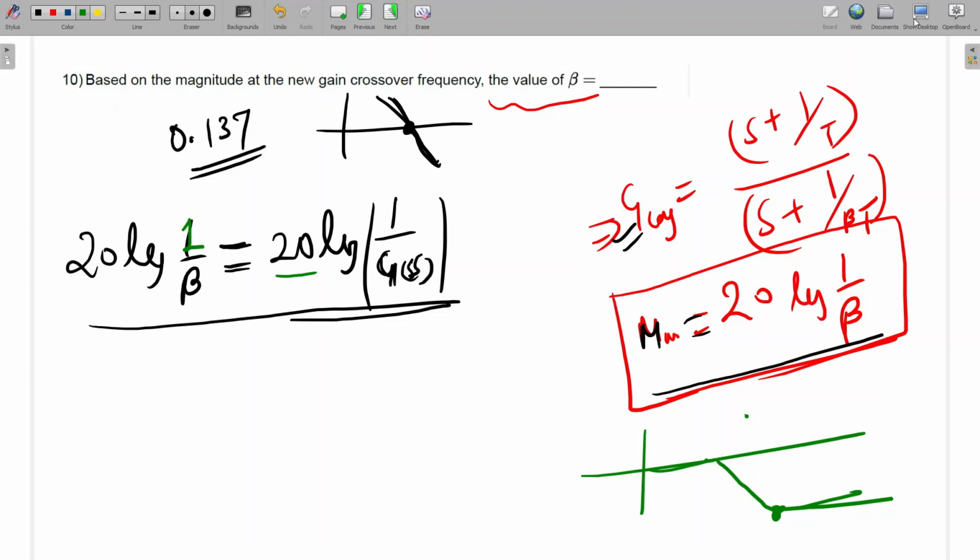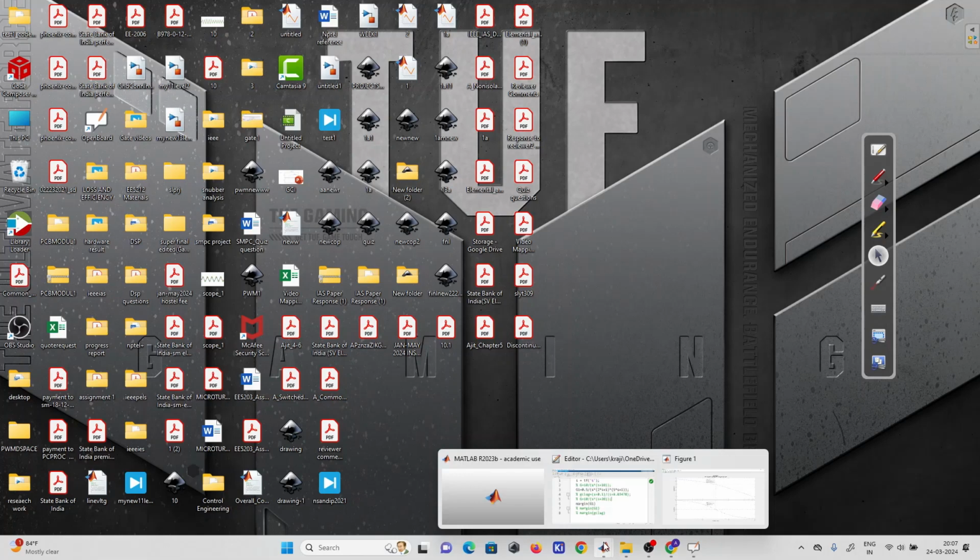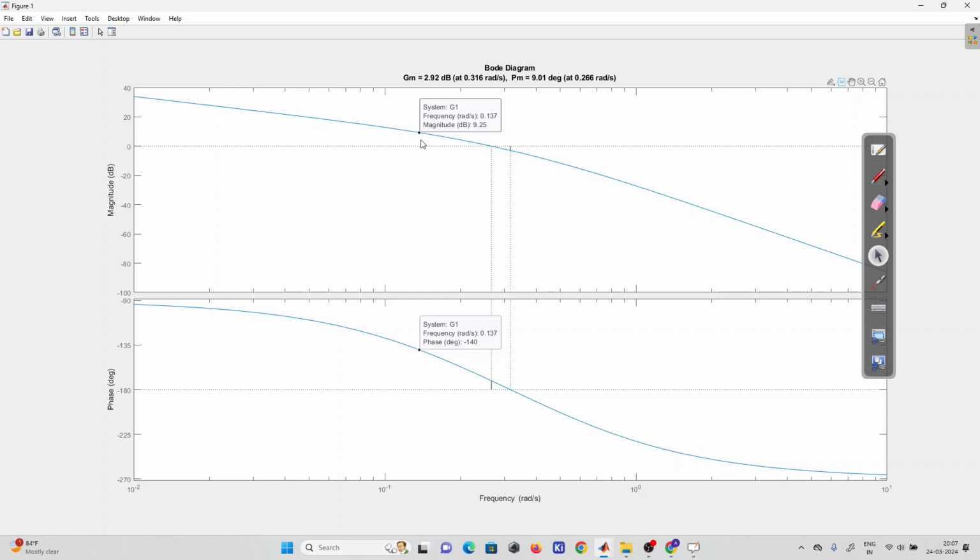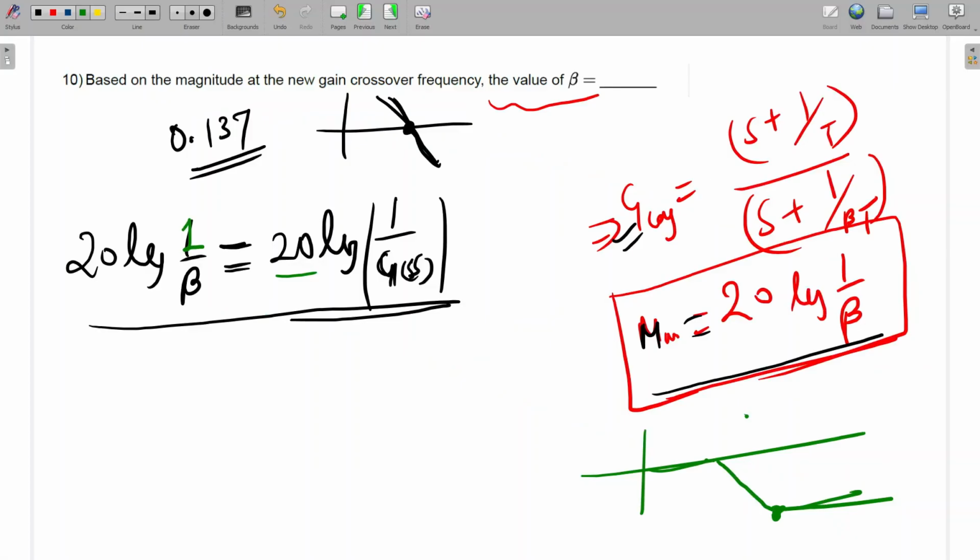The actual magnitude was positive in the Bode plot, but we have to add a negative magnitude here to make it 0. To make it 0, minus 9.25 should be added. So that's why 20 log 1 by beta, the magnitude of our lag compensator, should be equal to 20 log 1 upon G(s) at omega equal to 0.137. It means the negative of that magnitude. Is it clear? Any doubt, you can ask.